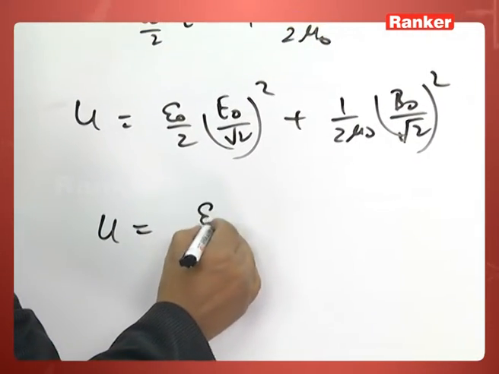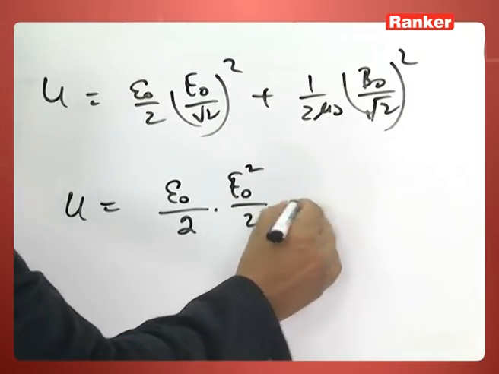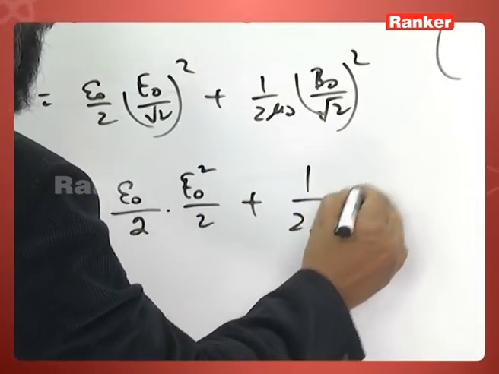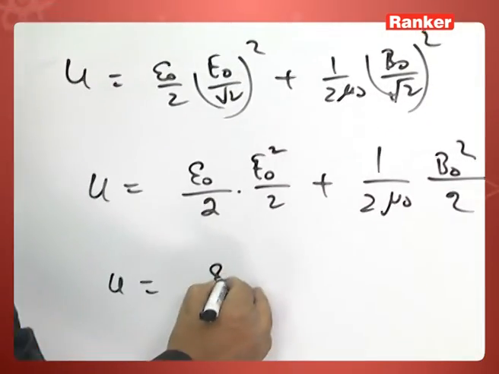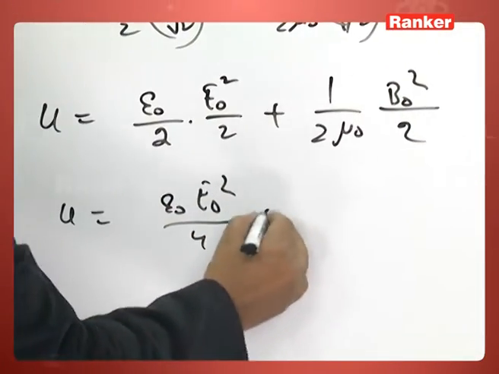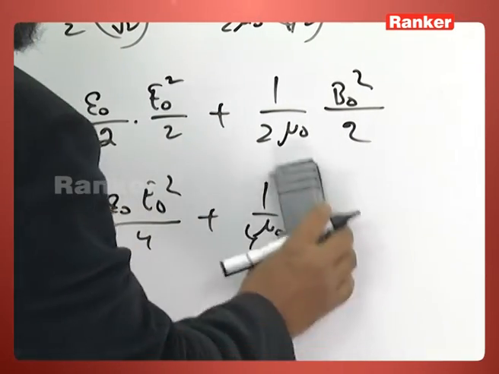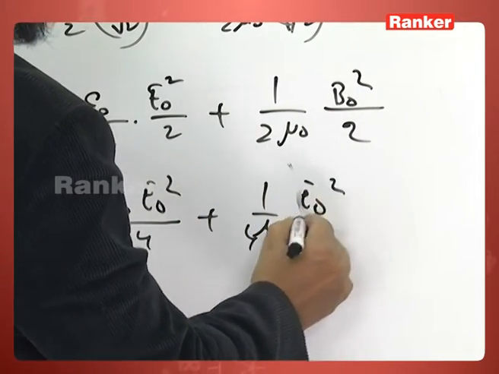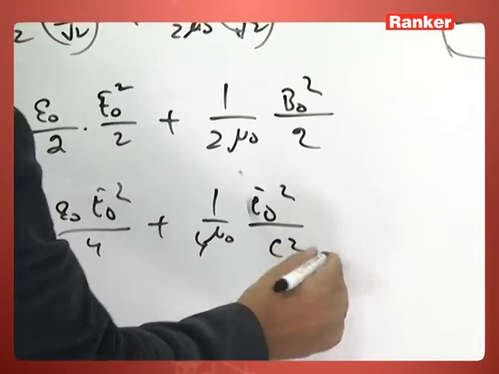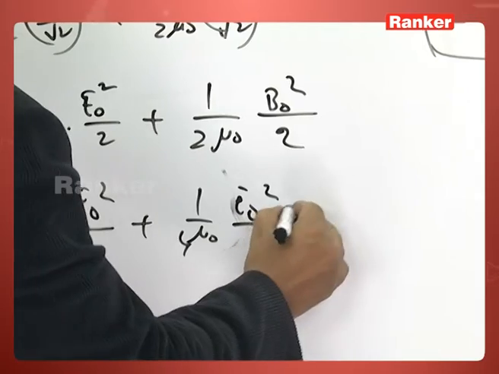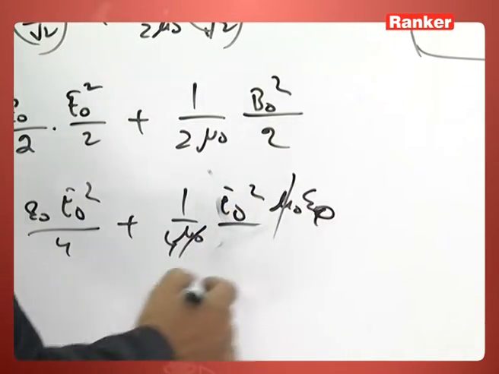So we write this as epsilon naught E naught square by 4 plus 1 by 4 mu naught B naught square. B naught square can be written as E naught square by C square, and C square is mu naught epsilon naught, so mu naught cancels.